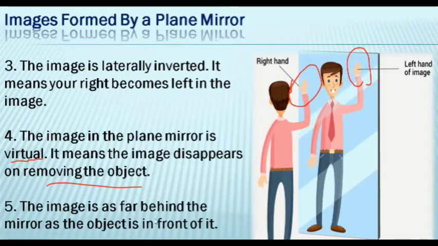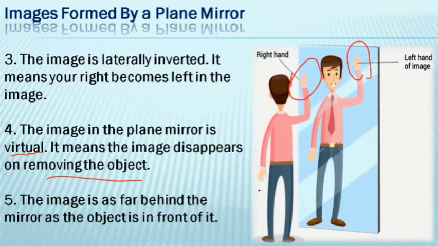The image is as far behind the mirror as the object is in front of the mirror. You can see how much distance you have in front of the mirror; you have the same distance at the back of the mirror.